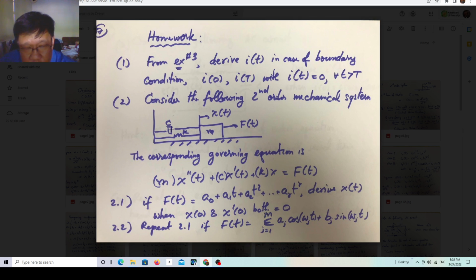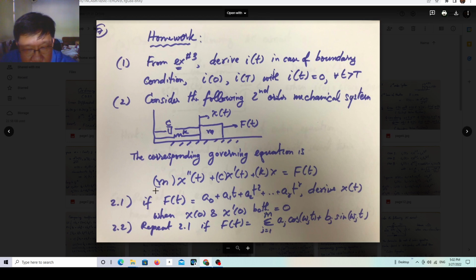That's the force caused. Once you apply force here, there's some resisted force over here. So by Newton's law, the balance of force: once you apply a force function here, three elements resist the movement and cause the movement of x(t). One is the mass, second is the spring k, the third is the damper c.